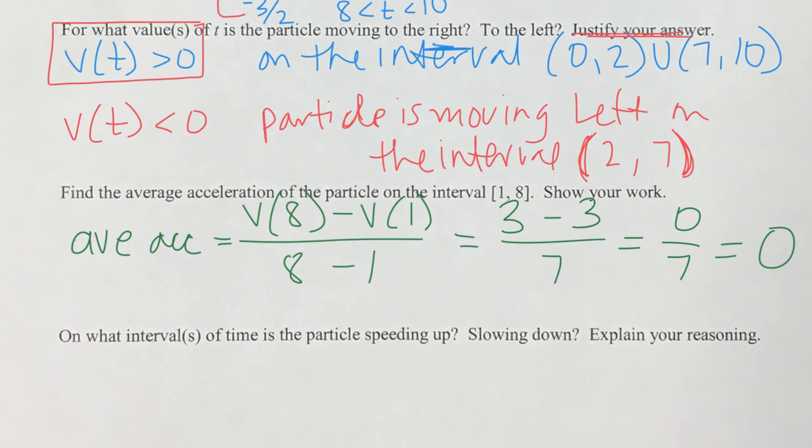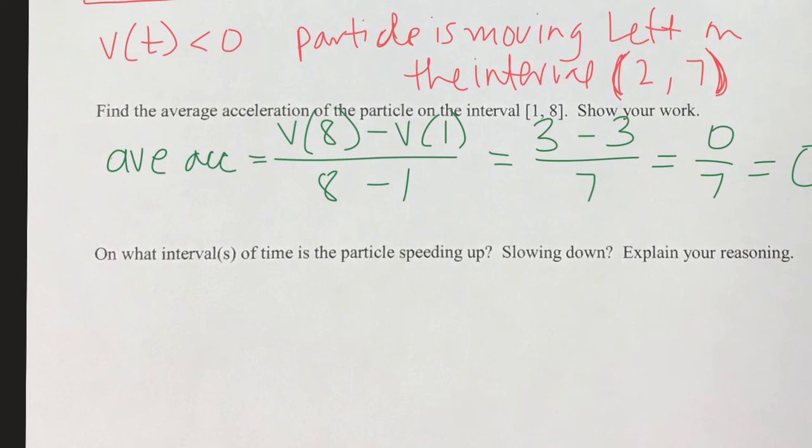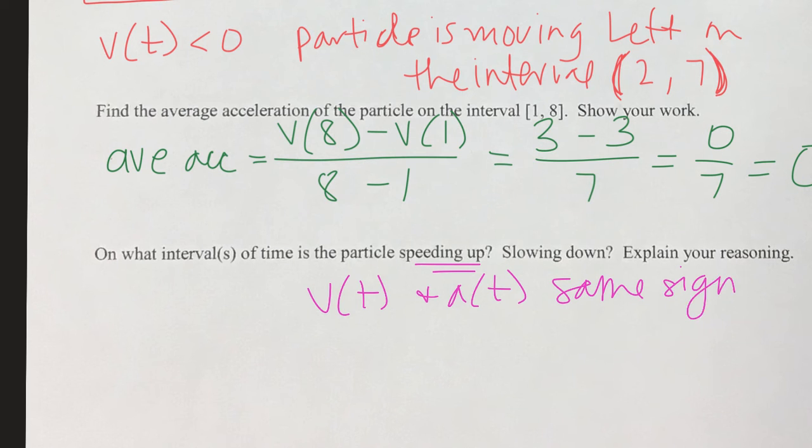Okay, here we have another question about speed, and this of course uses one of the commandments about speed. Speed is increasing, or speeding up, when the velocity and the acceleration have the same sign. So we're going to check the signs of all these things. It's speeding up when they're the same, either both positive or both negative.